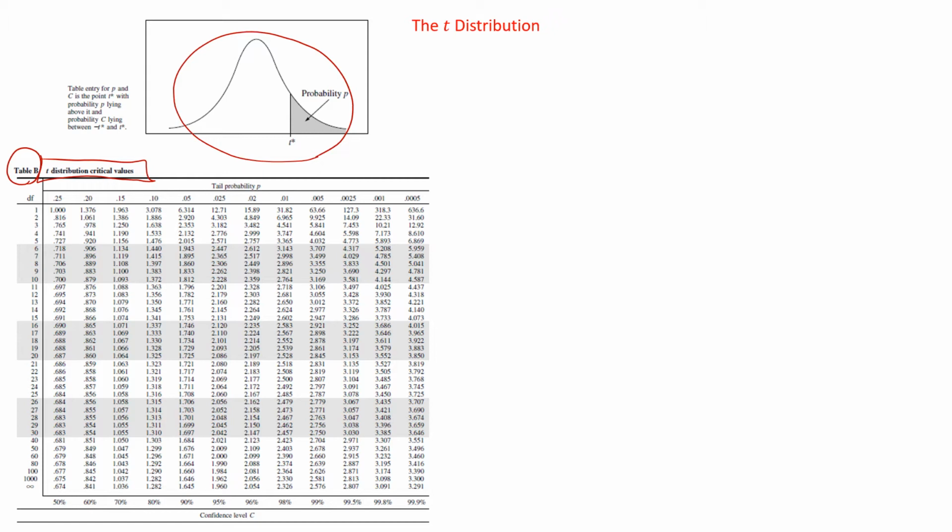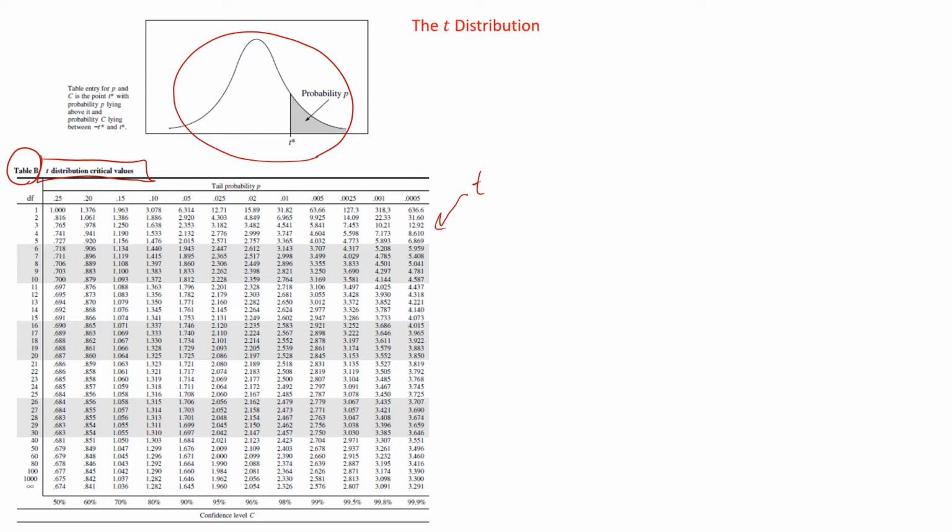Well, here the left-hand column is this df. That's the degree of freedom. And then the top row, we have the tail probabilities. That's the p-value. The t statistics will actually be in the table itself. Or it probably won't be in the table, but that's what those values are. They're t statistics. Then we'll see what we end up doing with that.